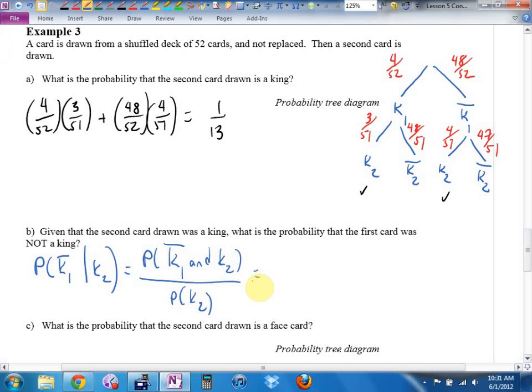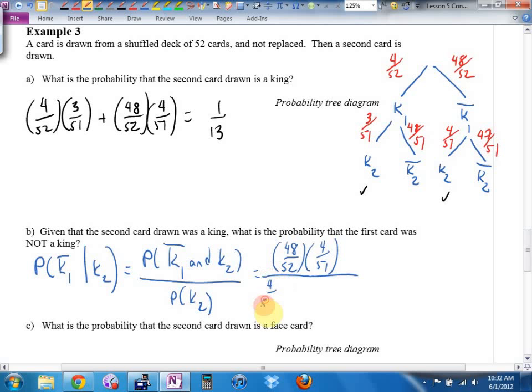Which branch has not King 1 and King 2? Oh, this guy. 48 out of 52, 4 out of 51. Over, which branch is King 2? Oh, both of those. Which conveniently I already have here, don't I? I'll rewrite the numbers just so you can see what we would have done.